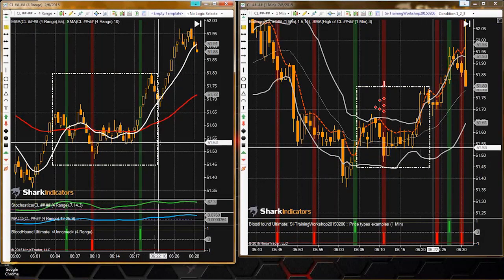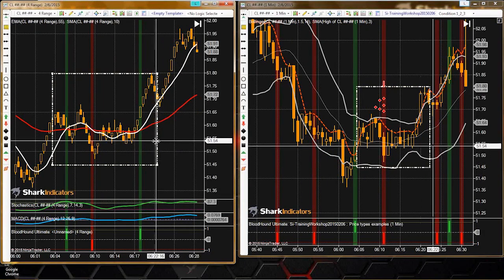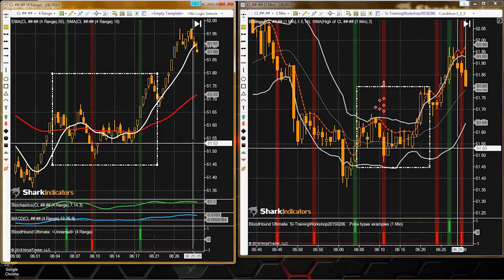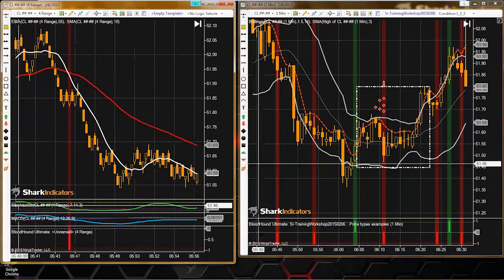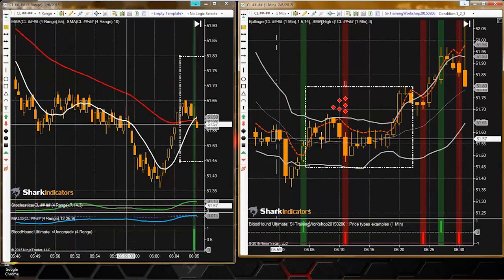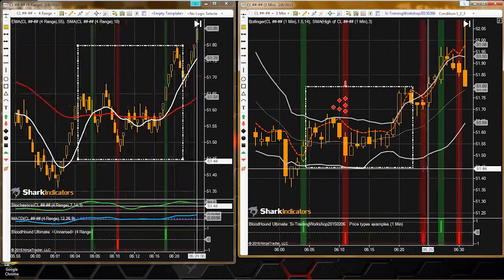Okay, so we have a little rectangle here, essentially approximating the same locations from a range chart to a 1 minute chart.